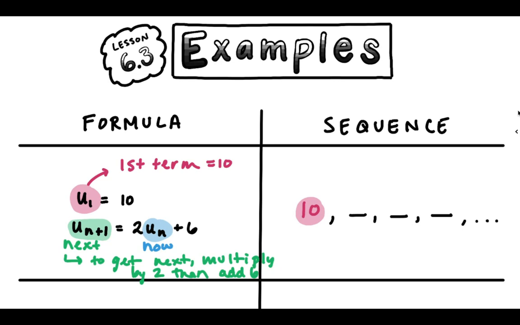So let's do it. Our first now term is 10. So to get the next term, I'm going to take 10 and multiply it by 2, and then add 6 to it. So that becomes 20 plus 6, right? So 26.